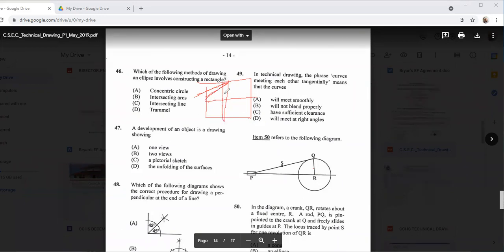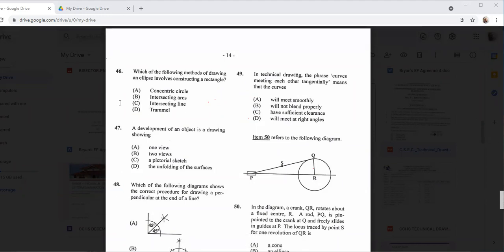I showed that diagram earlier. Then you join these up there. We did this. Yeah, capiche? Yes, sir. So this is intersecting lines, right? That is C.